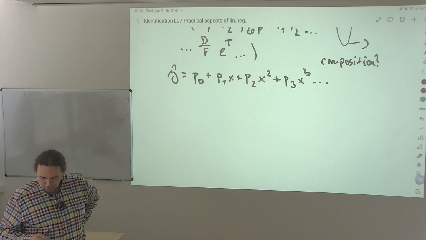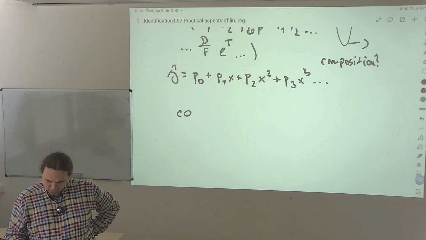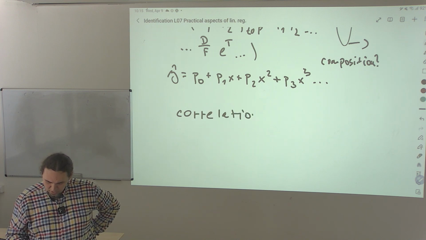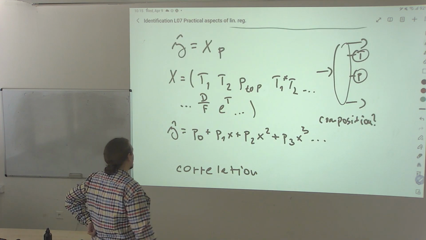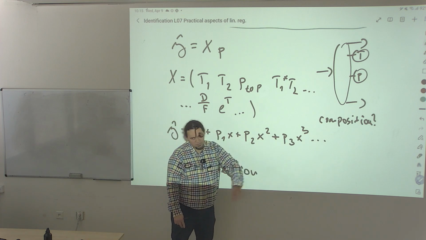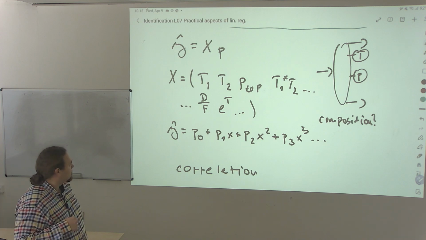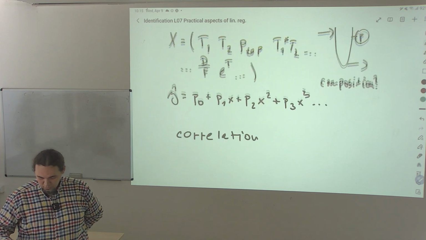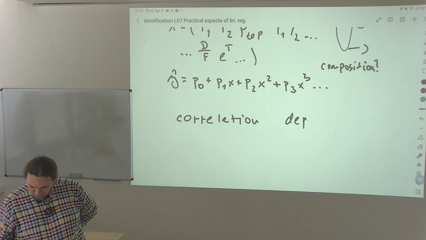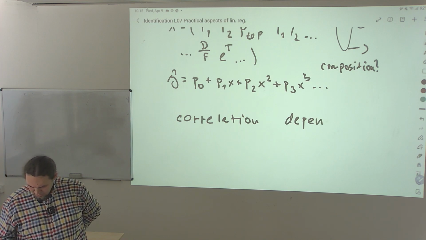What we finished with last time was we studied this correlation concept. So now we can say whether it's this sort of data in the matrix X, or whether it's this sort of data, whether these independent variables would be correlated, and close to this correlation is the concept of dependence.